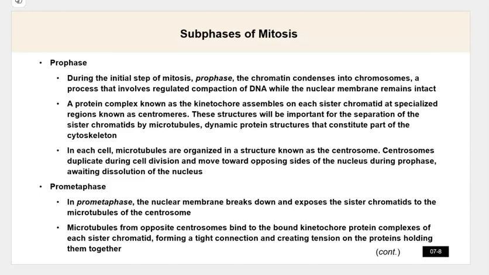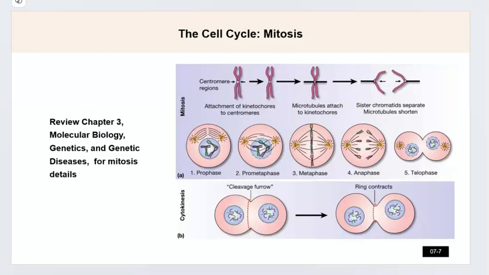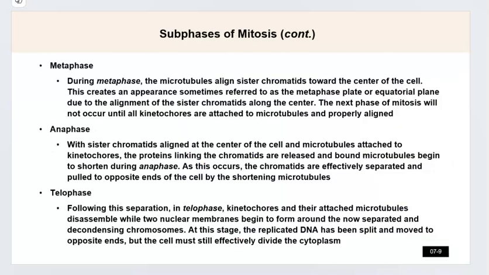Your Osmosis videos go through this quite well. In prometaphase, the nuclear membrane is breaking down and exposes the sister chromatids to the microtubules of the centrosome. In metaphase, the microtubules align the sister chromosomes towards the center of the cell, which is in this image here. So we're changing up the alignment. And the next phase of mitosis cannot occur until all of these are properly aligned.